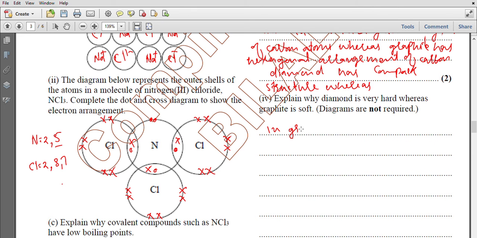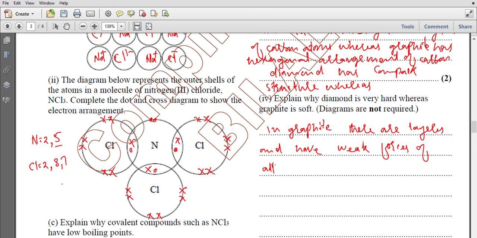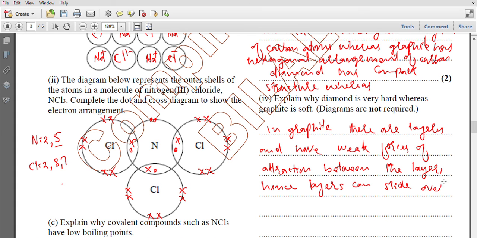In graphite there are layers with weak forces of attraction between the layers, hence the layers can slide over each other, making graphite soft.